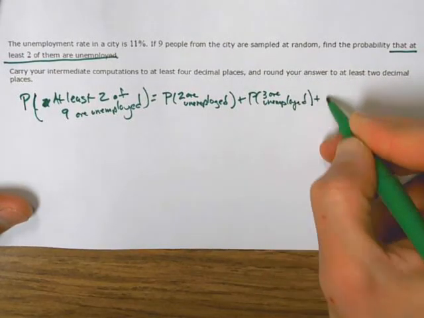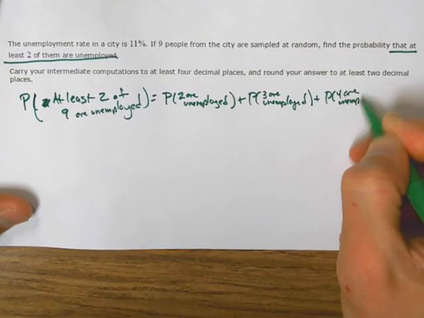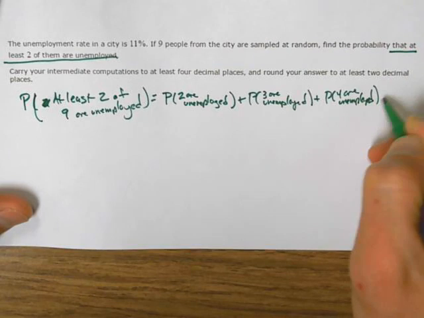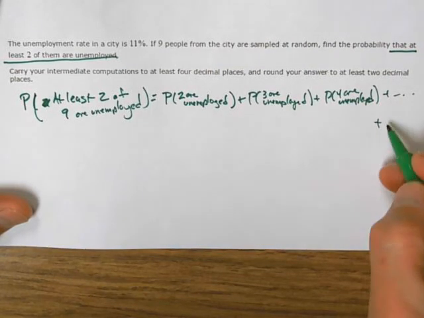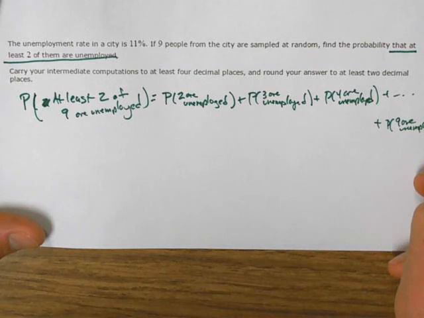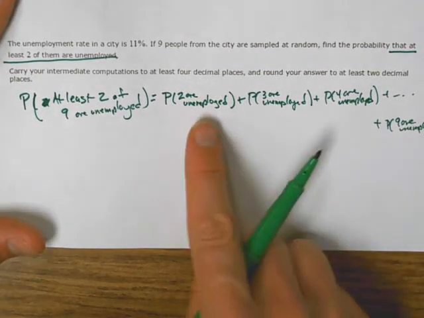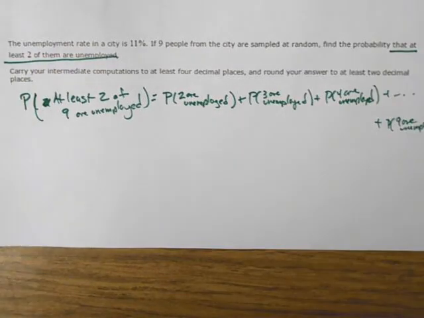And then add that to the probability that 4 are unemployed, plus 5 and 6 and 7. We'd have to keep on going until we get the probability that 9 are unemployed. Now, I don't know about you, but that seems like a crazy amount of work. We'd have to literally add all those up and do all those probabilities. That'd be a ton of work.